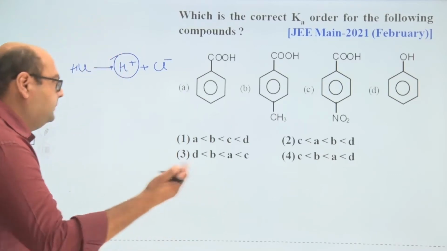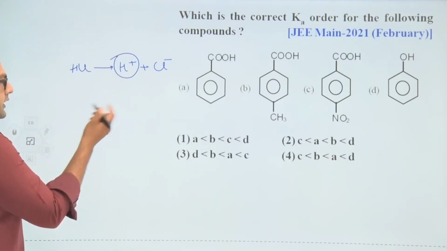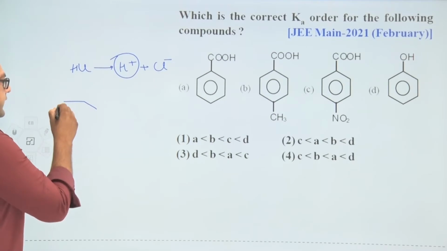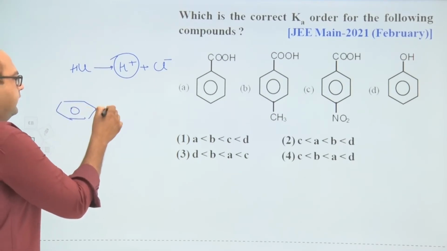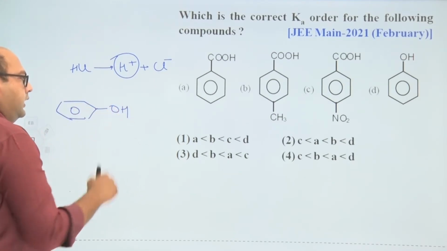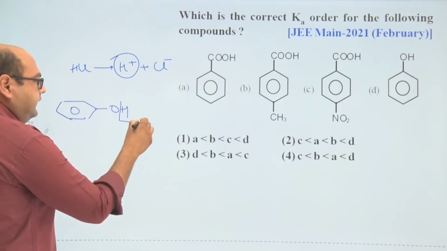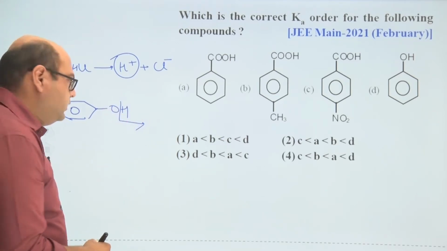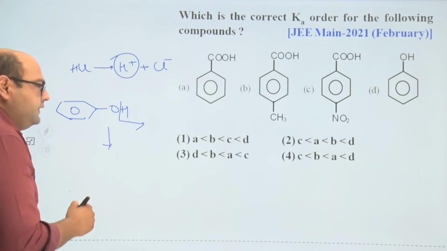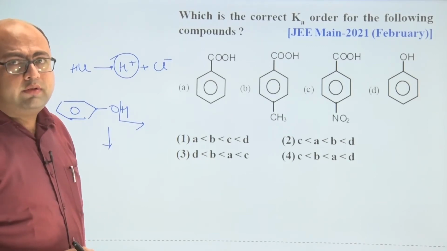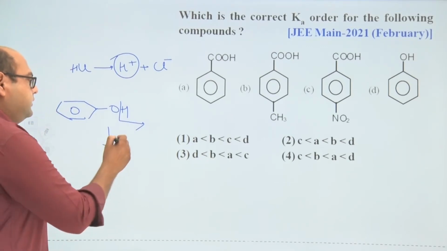ion. For example, let's consider phenol. It is a very weak acid, though we can take it here. In phenol, if this H ion is lost, then we will say that this phenol is showing acidic strength here because it can lose H plus ion.